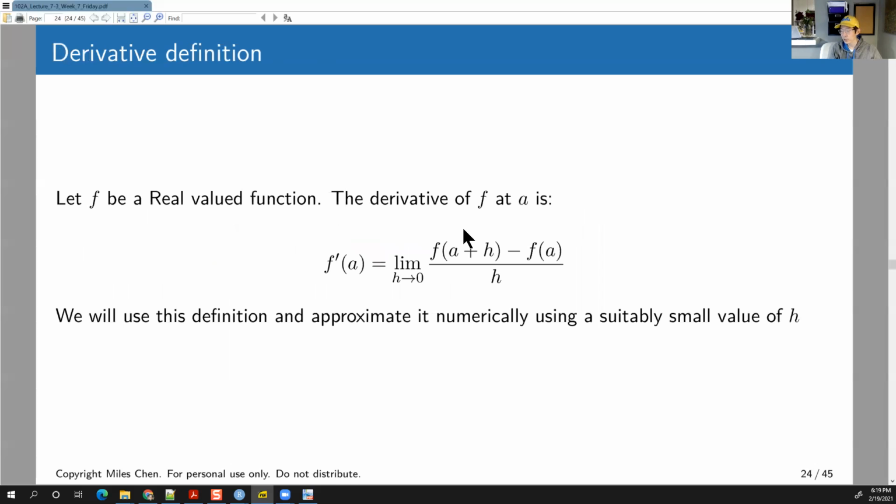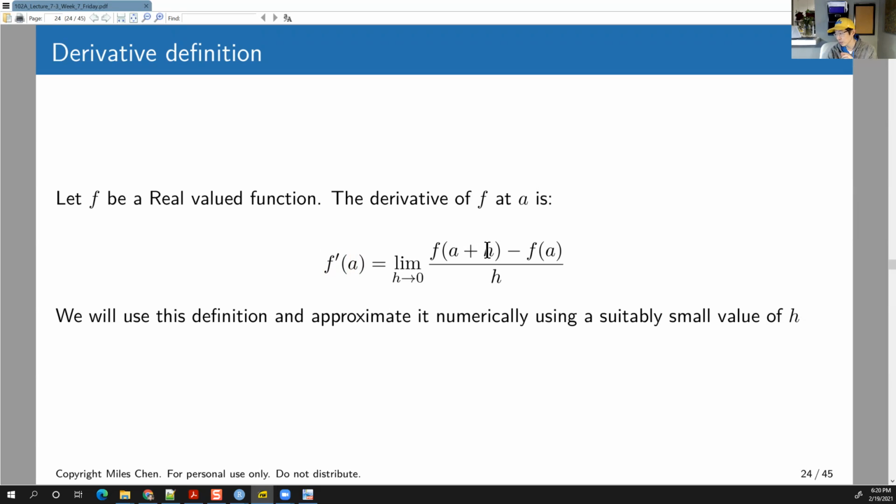The way we're going to approximate the derivative is to use the definition of the derivative. When you took calculus, the definition of the derivative is the limit as h goes to 0 of f of a plus h minus f of a divided by h. As h goes to 0, this is going to be the derivative f prime at a.